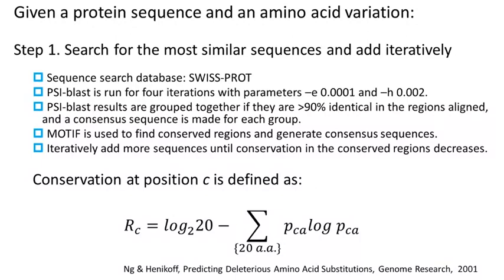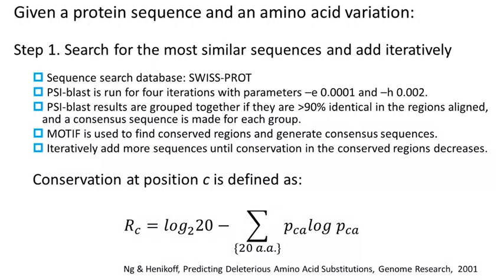Given a protein sequence and an amino acid variation, in step 1, SIFT searches the SwissProt database for similar protein sequences using 4 iterations of PSI-BLAST with parameters E set to 0.0001 and H set to 0.002.